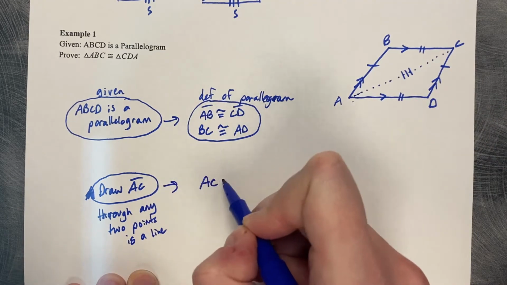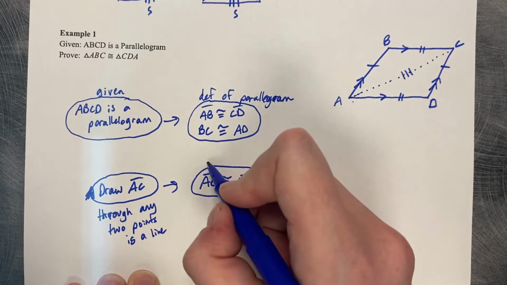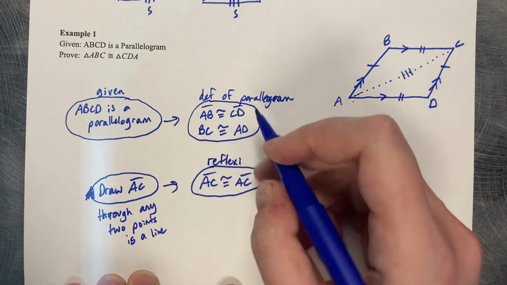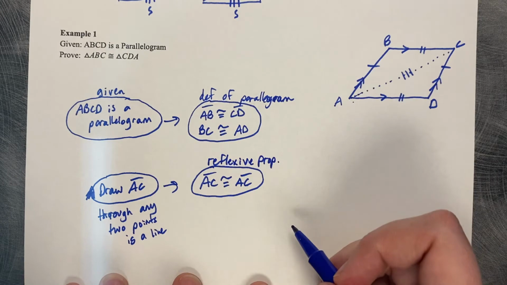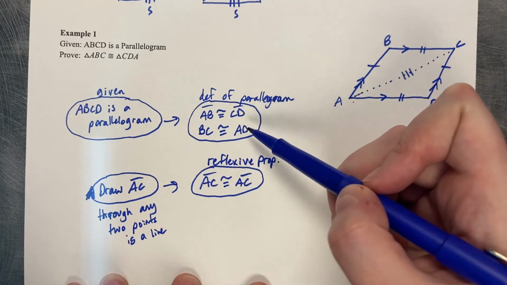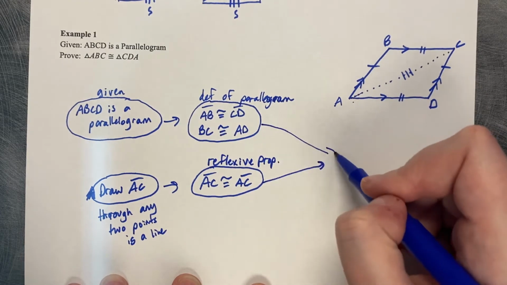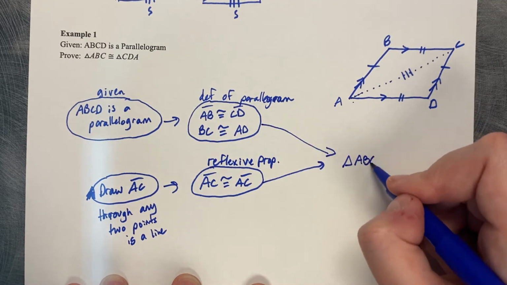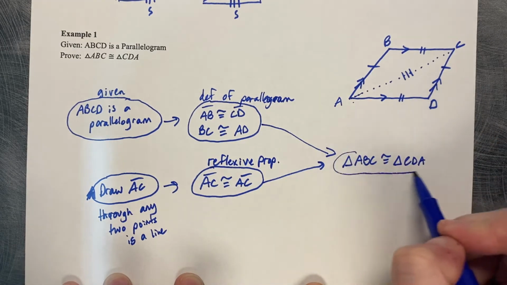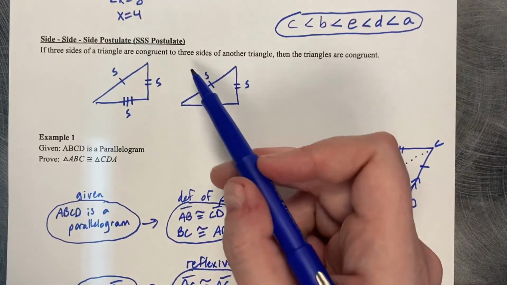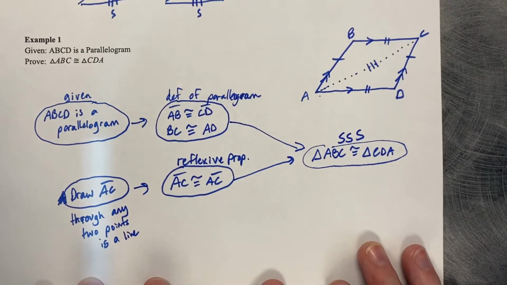So we can say AC is congruent to AC. And if you recall, that's by the reflexive property. Now we've got a side statement, a side statement, and a side statement. So now I bring these 2 together. We can say triangle ABC is congruent to triangle CDA, and that's by our new postulate that we just learned up above, by side, side, side. And you can just use SSS to say that.